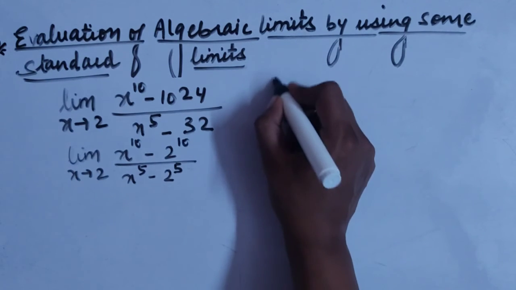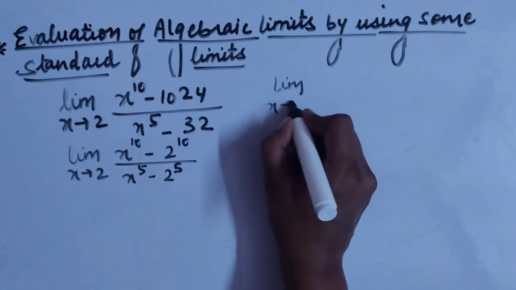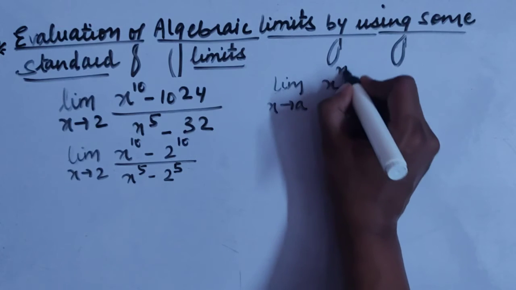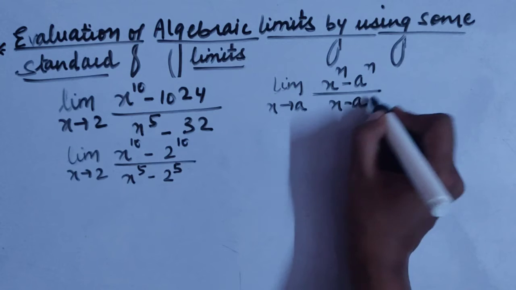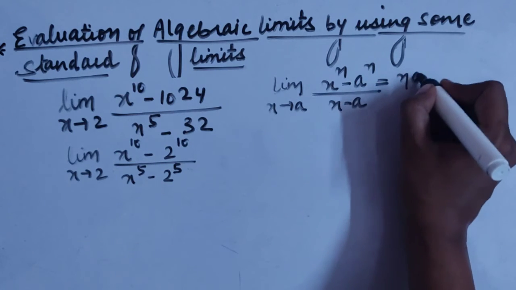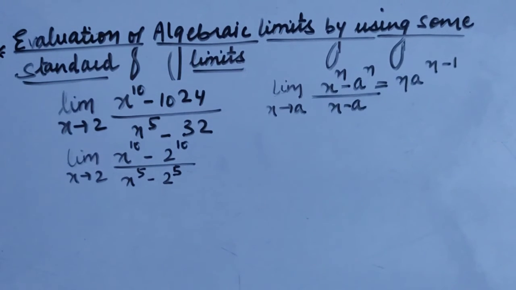That formula is limit x tends to a, (x^n - a^n)/(x - a) is equal to n into a^(n-1). So to apply this formula, we have to make some arrangements over here so that we can apply this standard limit.